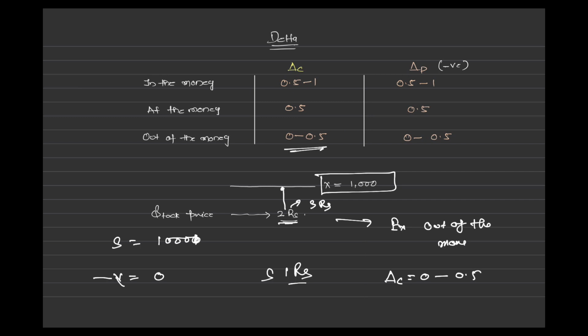So you can see that the delta of call, the change in the value of call, is very near to 1. When it is extremely in the money, the call price is changing 1 to 1 with the stock price. Therefore, in the money, the delta is between 0.5 and 1, for both call and put. When extremely in the money, it is very near to 1, and in the money, it is between 0.5 and 1.